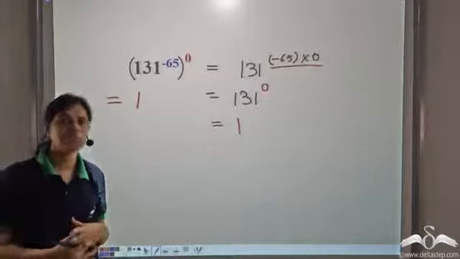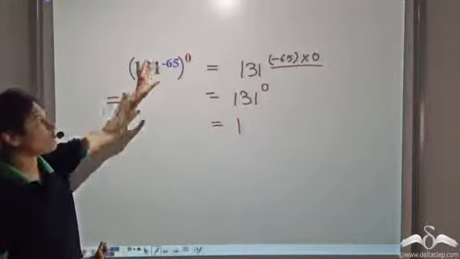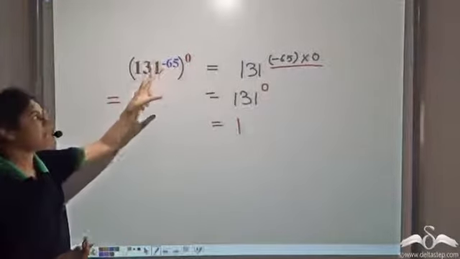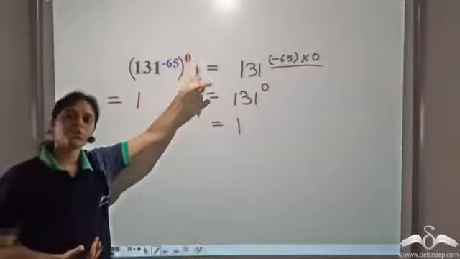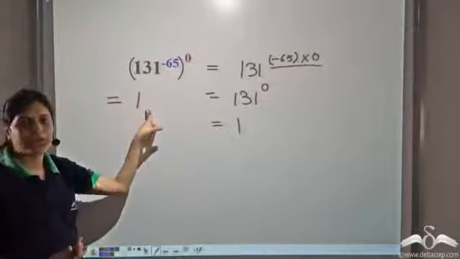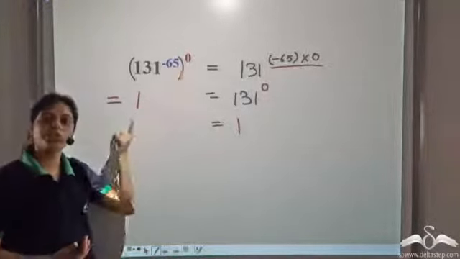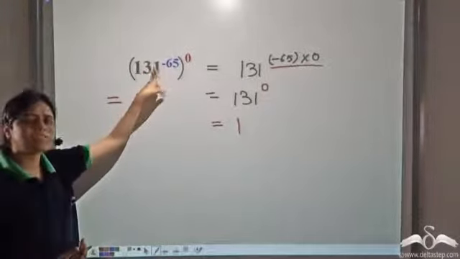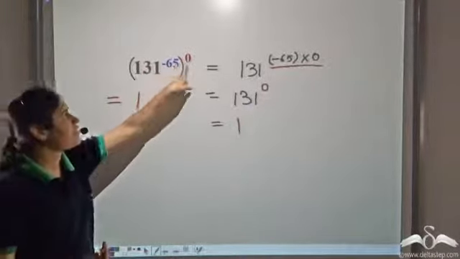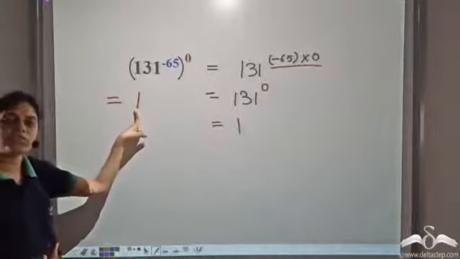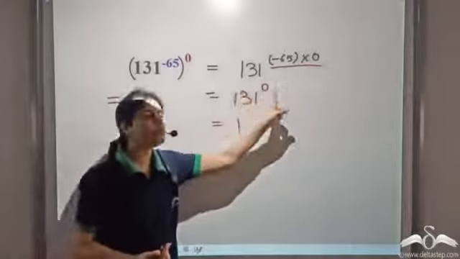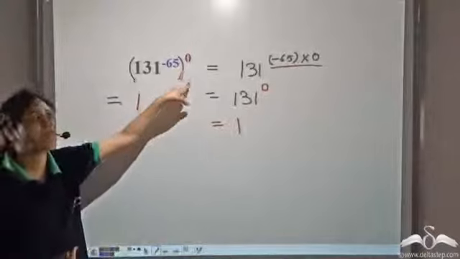Even fractional numbers raised to the power 0 is 1. So any number, even exponential numbers raised to the power 0 is 1. In fact, any number other than 0 raised to the power 0 is 1. So we are sure that this is not 0. So straight away we can write that this is equal to 1. There was actually no need of multiplying the two powers.